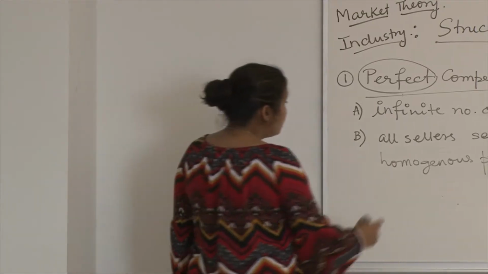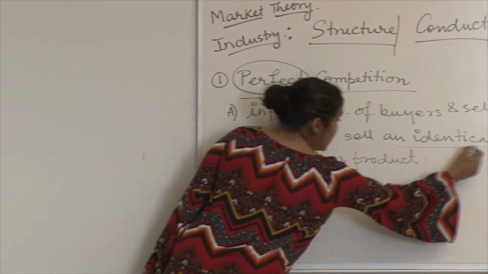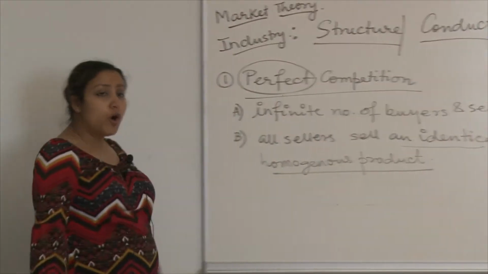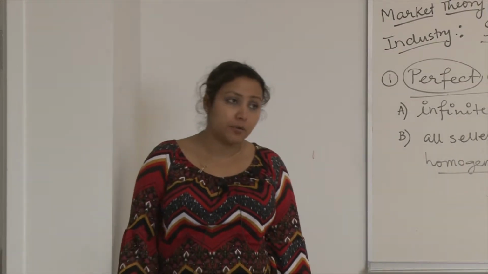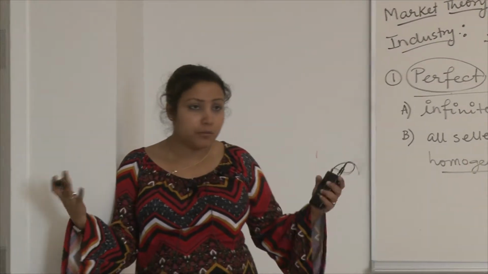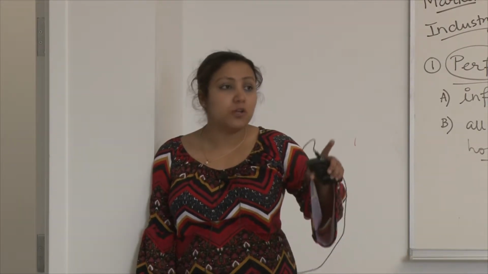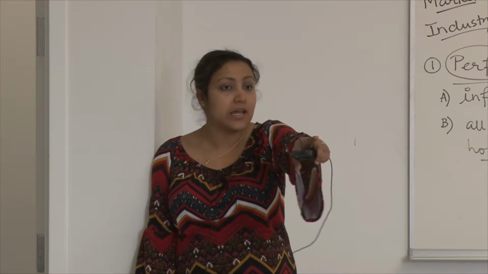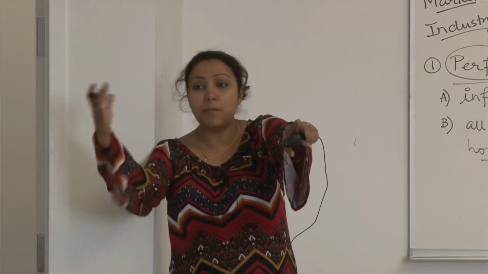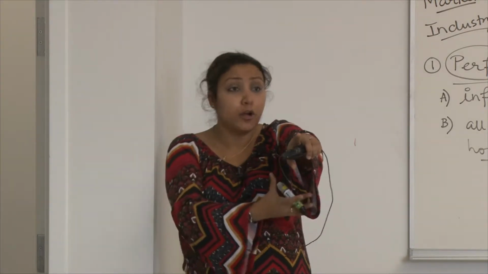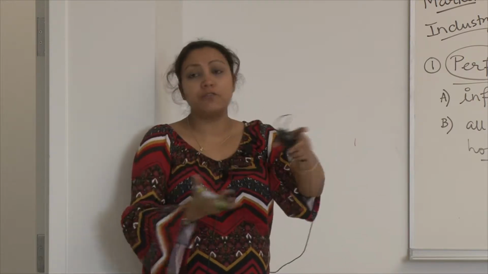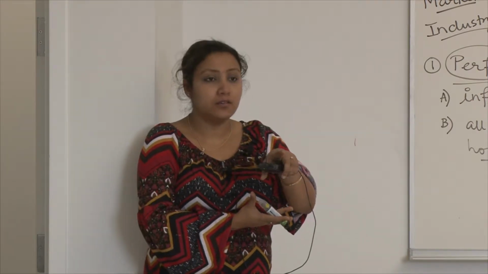But what follows from here is that since they are all selling an identical product, what do you think should be the price of that product? Should it be different prices, or should it be the same price? It should be the same price, because if any other seller is selling it for a higher price, then the buyers always have the option of not buying from him, but rather buying from somebody who is offering it at a lower price, right.